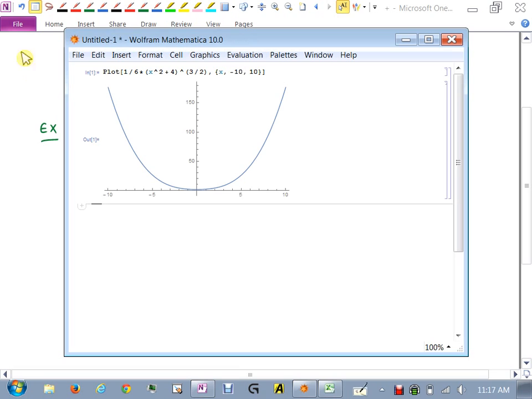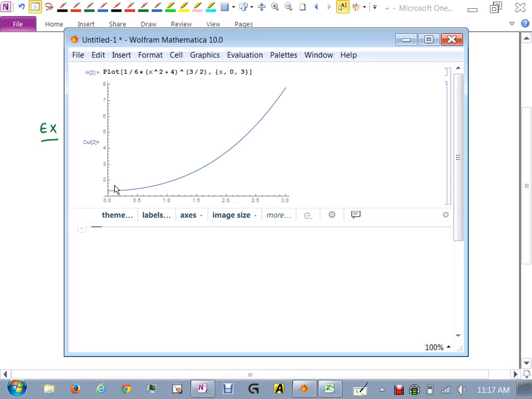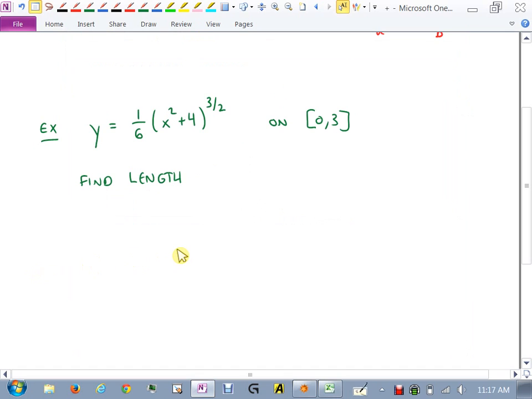Okay, there's the curve. That's what it looks like. But we only want it on 0, 3, so we're only going to be looking at it here. That piece, just one particular piece of it, measure how long it is. All right, so let's see why they gave us such an ugly function. Let's see if there's a reason why they did that.